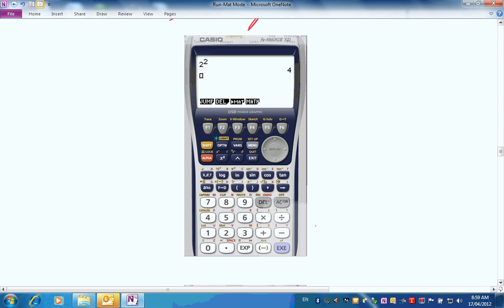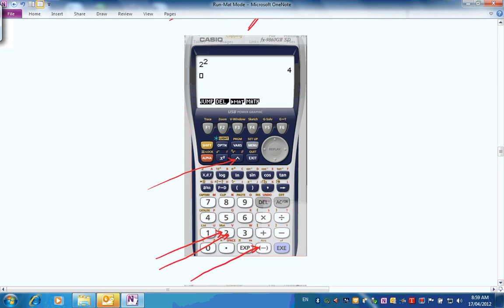What about squaring negative 2? Say we want to square negative 2. So let's enter negative 2 so we know how to do that. There we are. Negative 2. And then we know how to square now, so we'll have that button and the 2 again. So we're squaring the negative of 2.